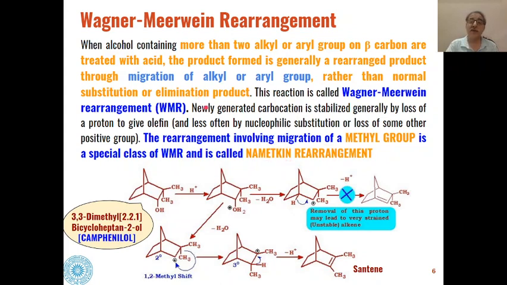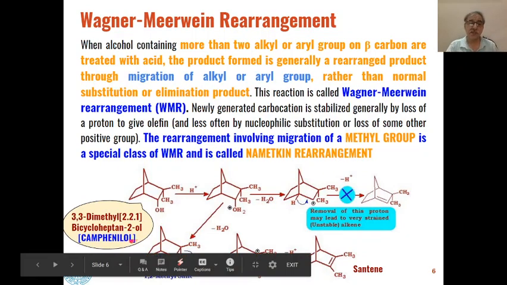So any rearrangement where a methyl group is the migrating group will be a special type of Wagner-Meerwein rearrangement, called the Nametkin rearrangement.